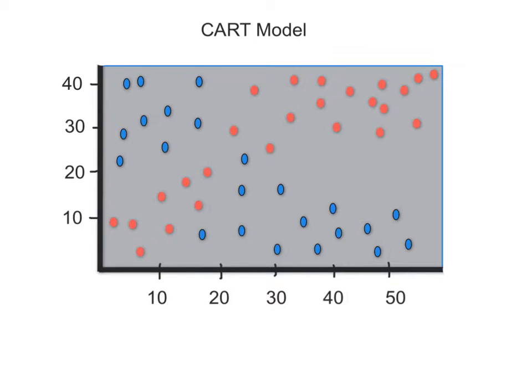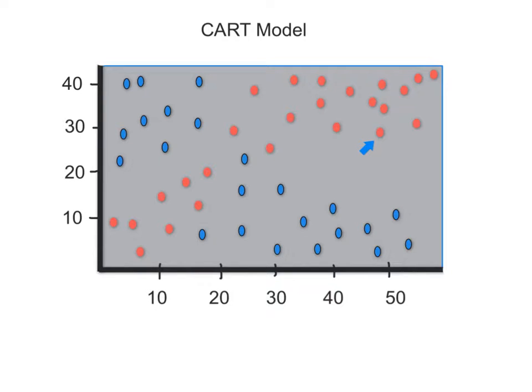Let's take a look. Here we have a set of data and it's graphed, and if we look at it, we see that there's an x-axis and that represents an independent variable, and in this particular case our y-axis represents the value of a second independent variable, and our dependent variable is the color of the point for each point graphed.